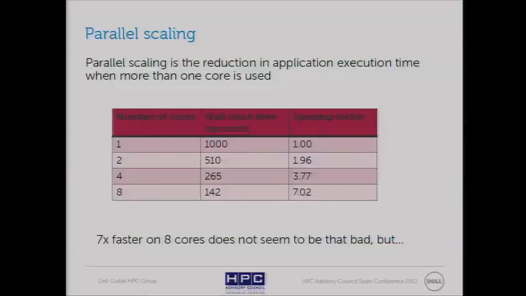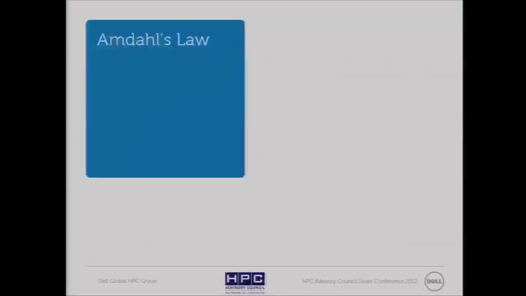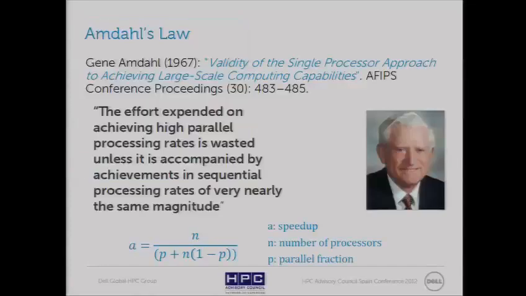So if you look at this table, then you can say that 7x faster on 8 cores is not bad at all, but actually it can be different if you pay more investigation into the numbers. And for that, I would like to revisit Amdahl's law, which has been formulated by Gene Amdahl in 1967 already.